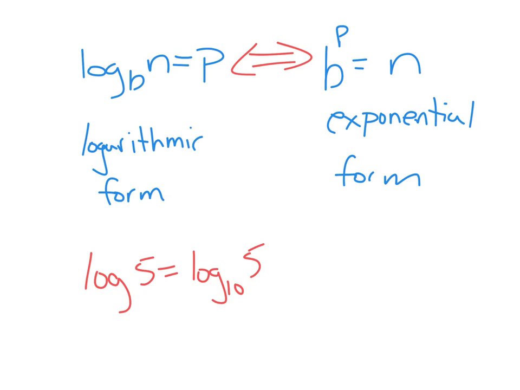And the other one, do you remember what it is? ln, that's the natural log, equal to log base e of 5. ln is called the natural log, and it has all the same properties as if it was log base 10 or log base 2 or anything like that. It's just log base e. Make sure you understand that. I think that's everything I need to say about that.